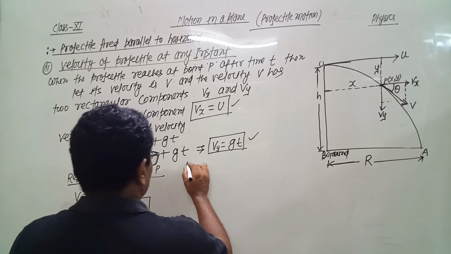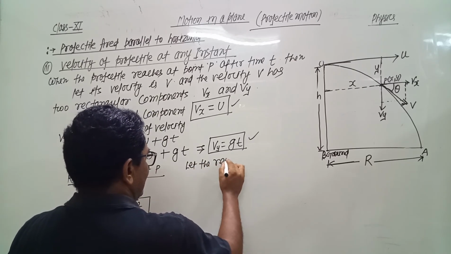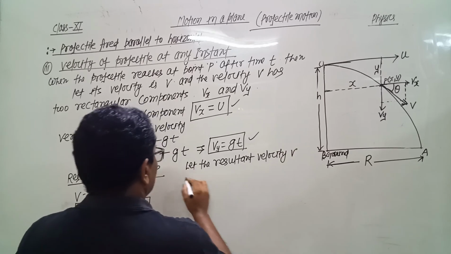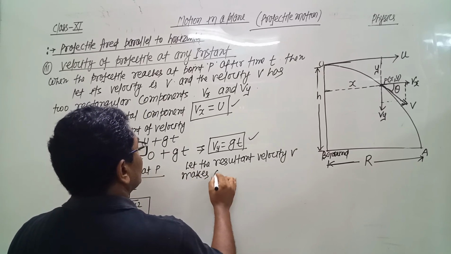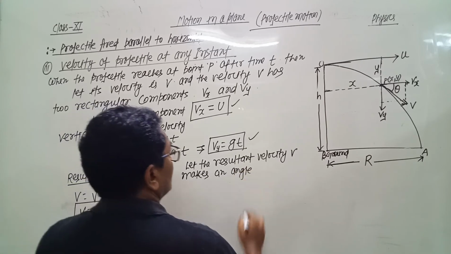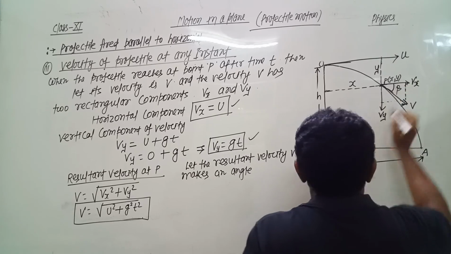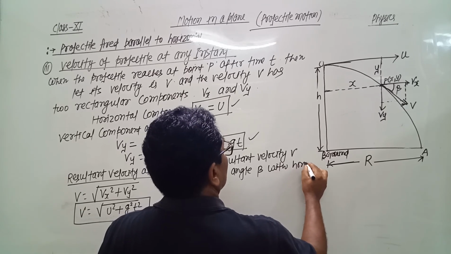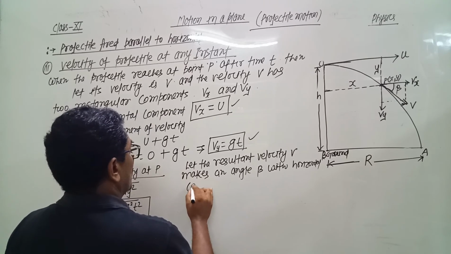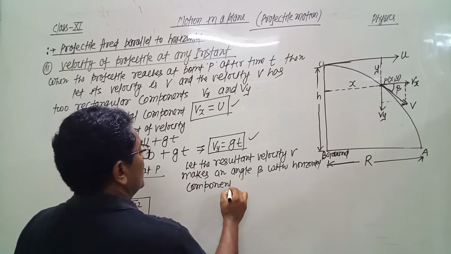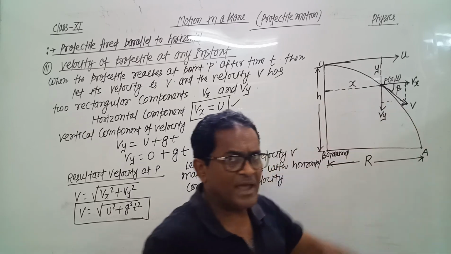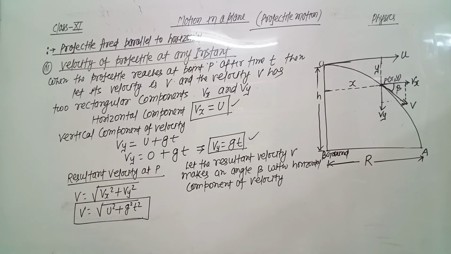Now let the resultant velocity V make an angle beta with the horizontal component of velocity Vx.